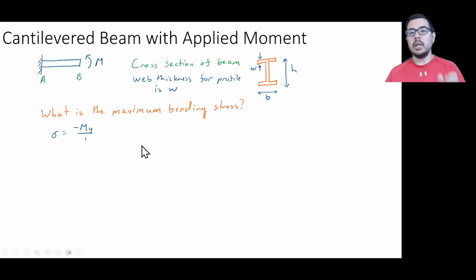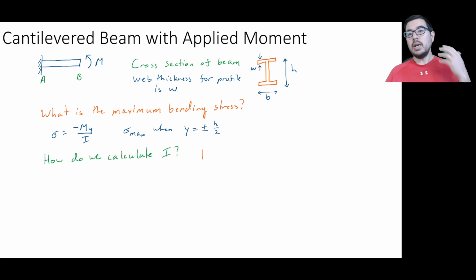And when we look at this equation, sigma equals, what is this equation? This is the flexure formula. And we already have this idea that sigma max is going to be when y is either at the top or the bottom of the beam, and it's not going to care about its location along the length because M is constant.